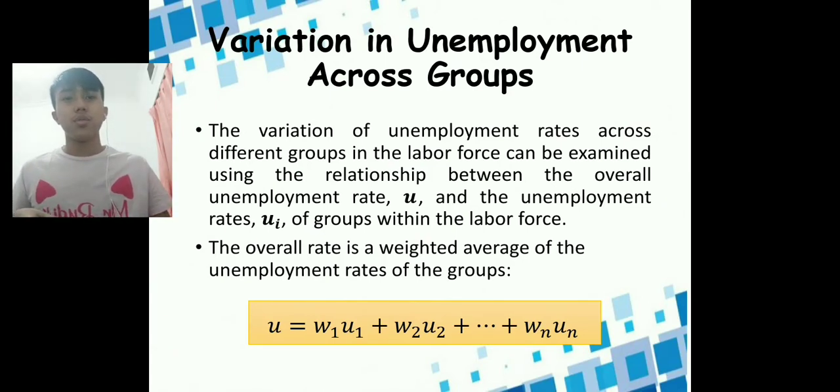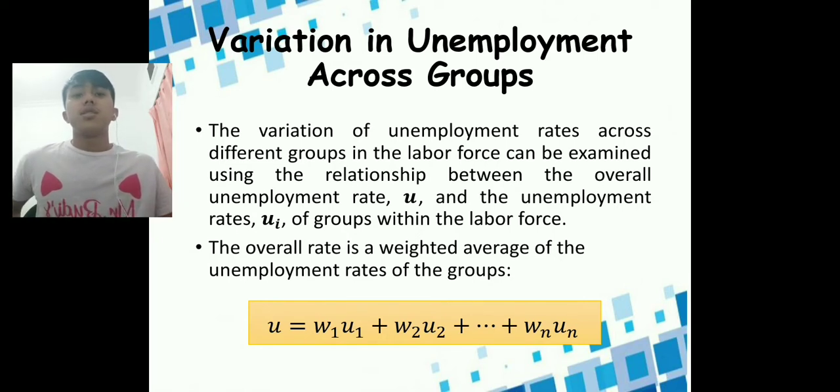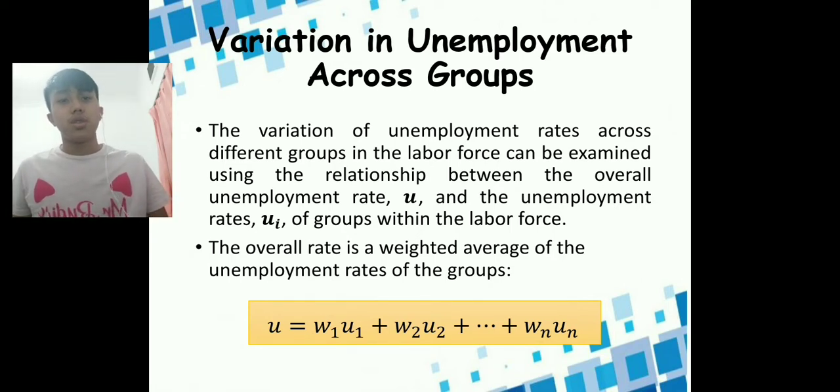Variation in unemployment across groups. We're going to be talking about a formula in this part. The variation of unemployment rates across different groups in the labor force can be examined using the relationship between the overall unemployment rate, for which we use U as the symbol, and the unemployment rate Ui of groups within the labor force.